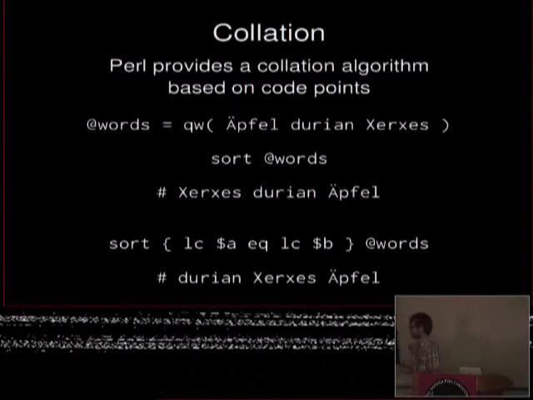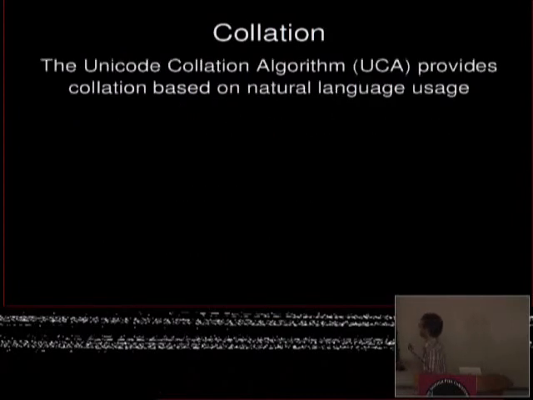So FC will handle that well. So anyway, let's get into the Unicode collation algorithm, which is part of the Unicode standard, and it is a very smart way of providing collation based on the world's languages.